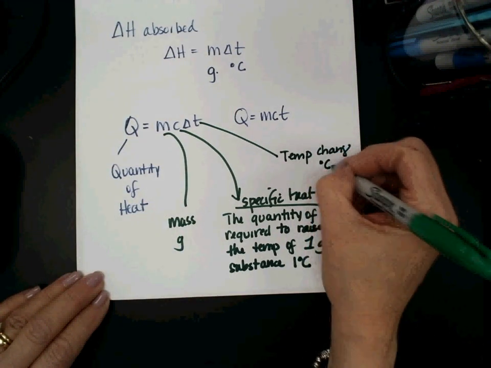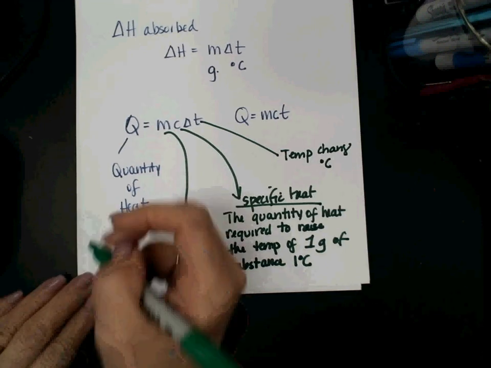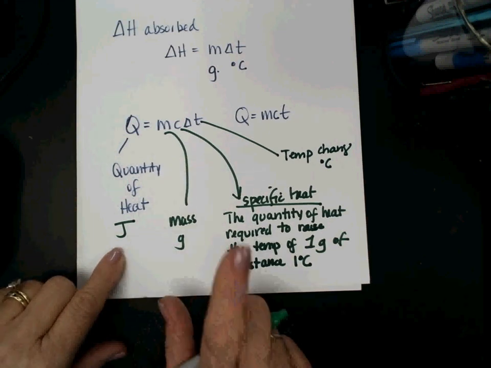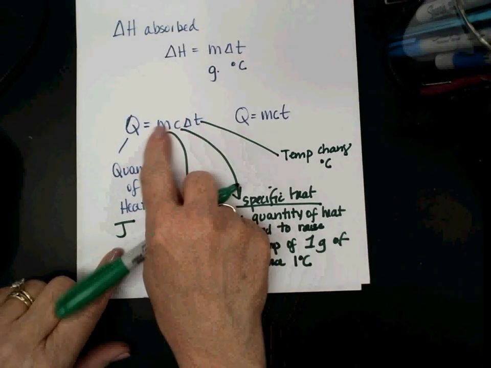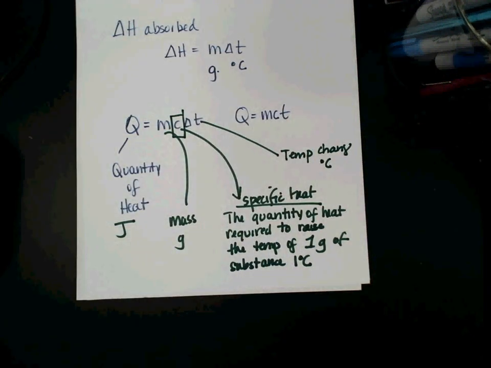So what I want you to do, this of course we talked about this before, quantity of heat is going to be measured in joules. What I want you to do right now is I want you to rearrange this equation in terms of C. So take a minute, rearrange your equation in terms of C, and tell me what the units on C are. When you've got it figured out, stand up.